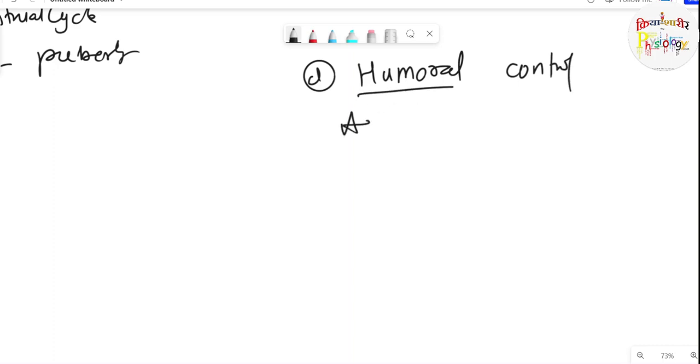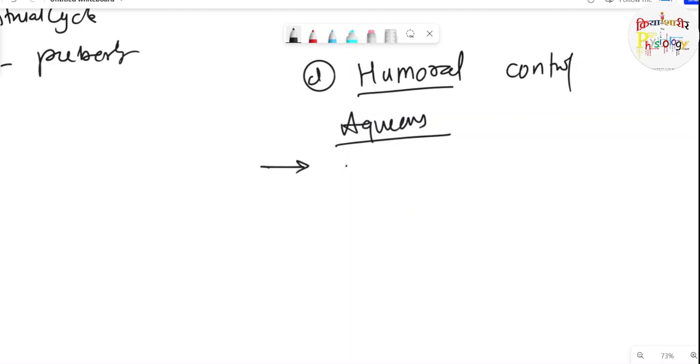And the last one is humoral control. Humor means aqueous. So this is control of hormone secretion through an aqueous medium.